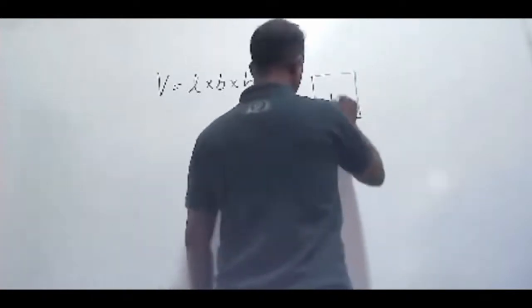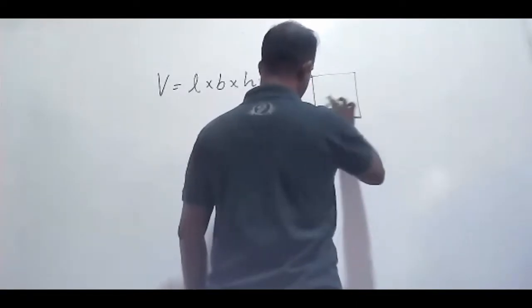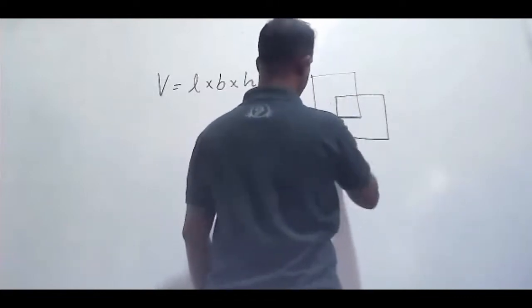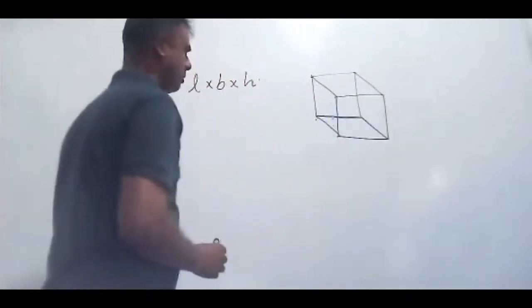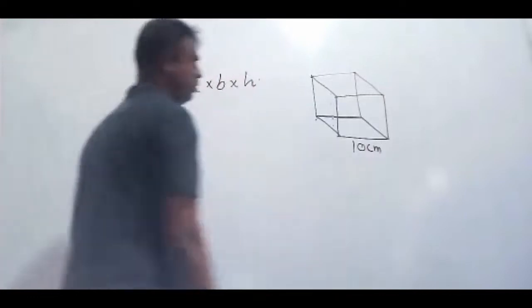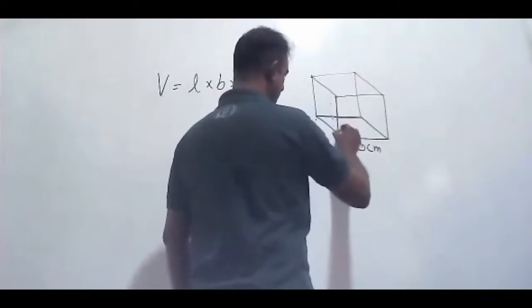According to this example, in this cube, the length is 10 centimeters. Therefore, we know that in a cube, all sides are equal to each other.